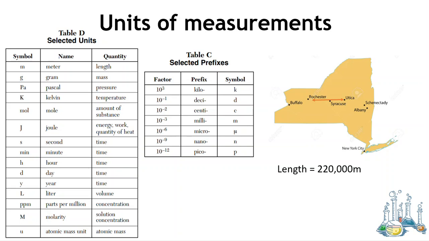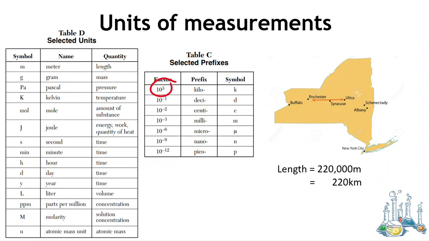So if we're measuring the length of something large, then we're likely going to use the prefix kilo. So I would say that it's 220 kilometers. Now, kilo is 10 to the third. That means that if I got rid of the K, I would have to add 3 more zeros to the number, hence the 220,000, right?